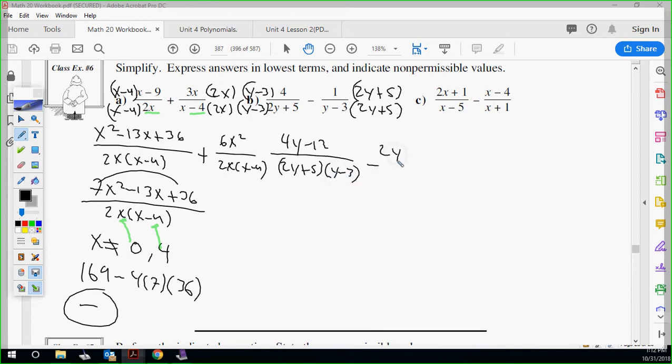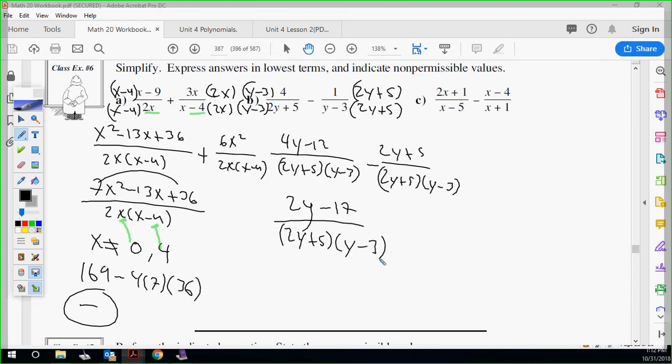In order, this doesn't matter. If you put y minus 3 first, that's fine. So 4y minus 2y is 2y. Negative 12 minus 5 is negative 17. And that's it.